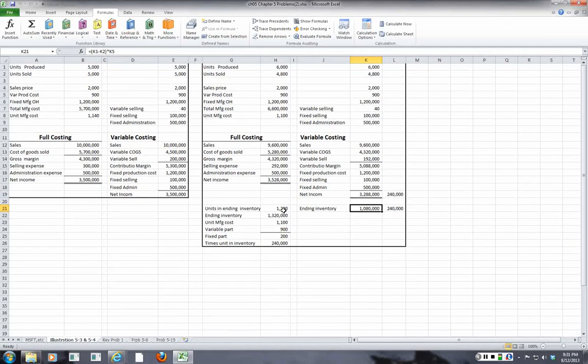So what's happening here, with this fixed cost portion of the manufacturing costs that ends up in ending inventory, is that this $1,320,000 in ending inventory is $240,000 higher than the ending inventory under variable costing. As a result, our bottom line net income for full costing, when we manufacture more than we sell, is higher than it is under variable costing.